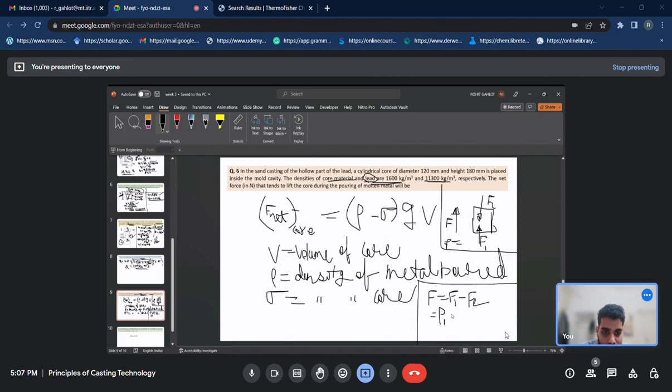And then you can write it in terms of m into g and mass in terms of density, and then the other force will again be in terms of this. Then you can take common and find this F net on the core.